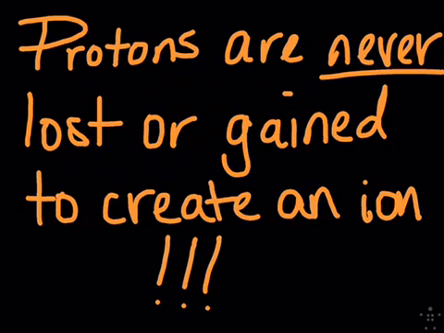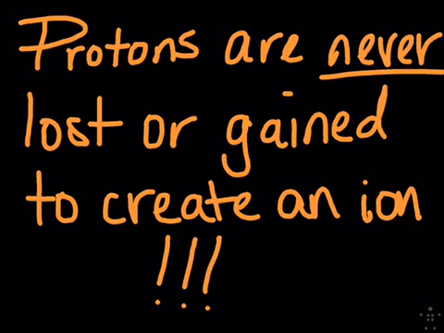So, the main idea with ions is that protons are not equal to electrons. The electrons are either lost or gained to cause an atom to have an electric charge. Main idea here: protons are never lost or gained to create an ion. It is only the electrons that are lost or gained.